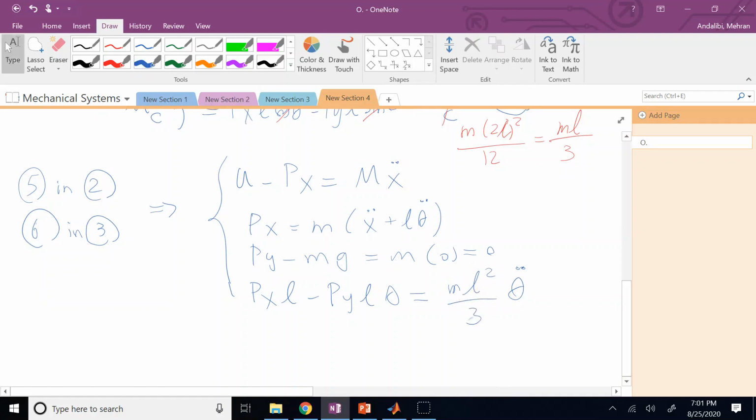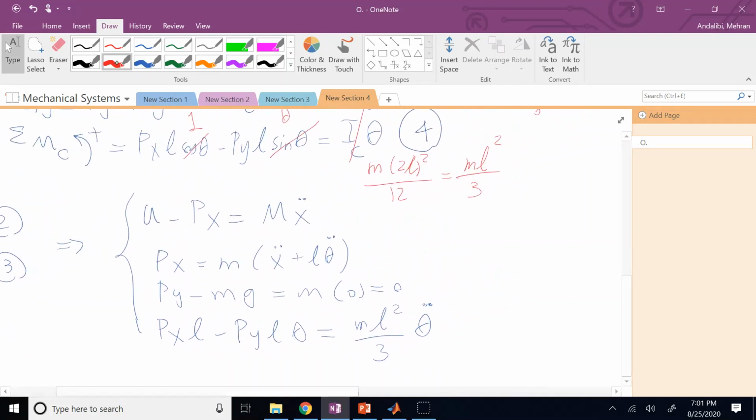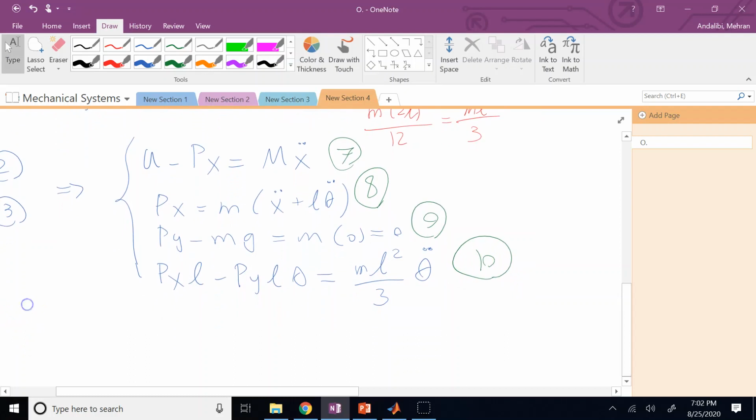Now my equations look a lot better, and I call them 7, 8, 9, and 10. Please pay attention that I always number the equations in order to write in an organized manner. Now I try to get rid of px and py, which makes life very nice.